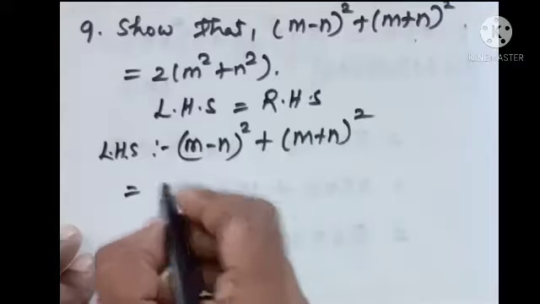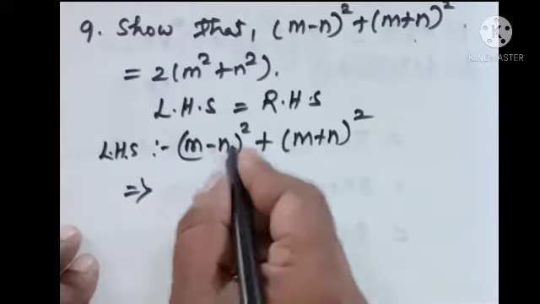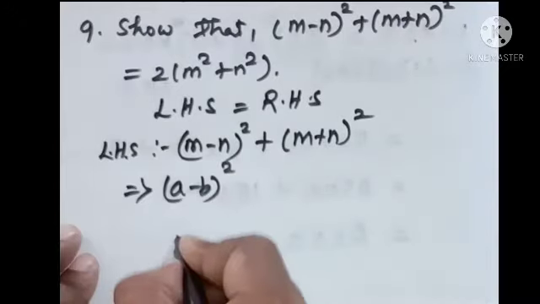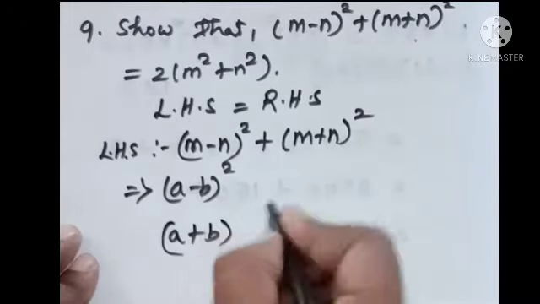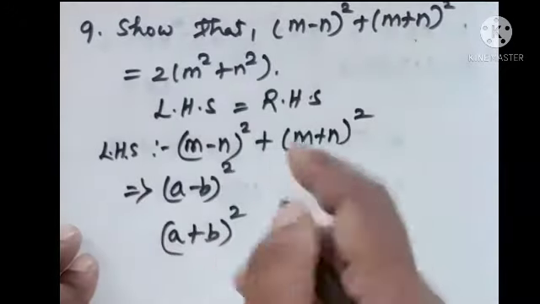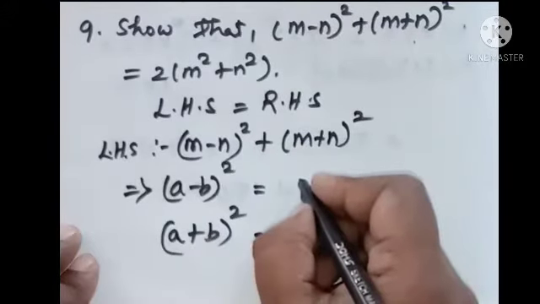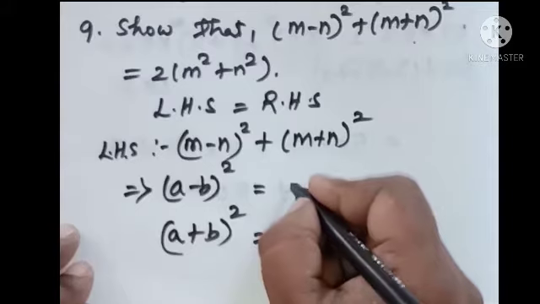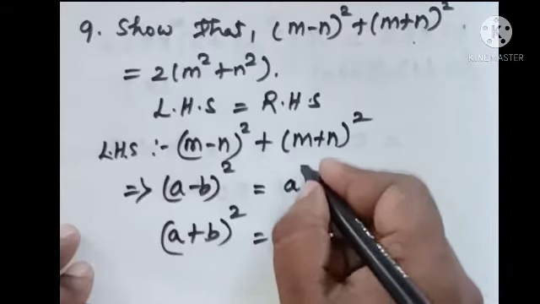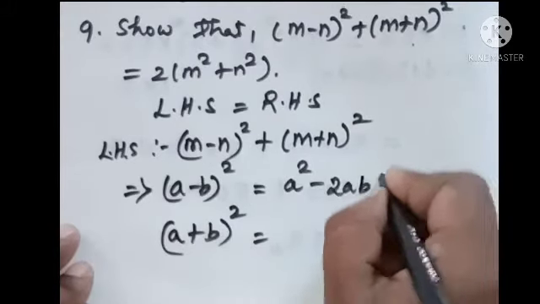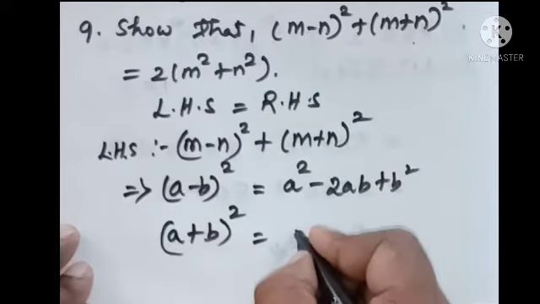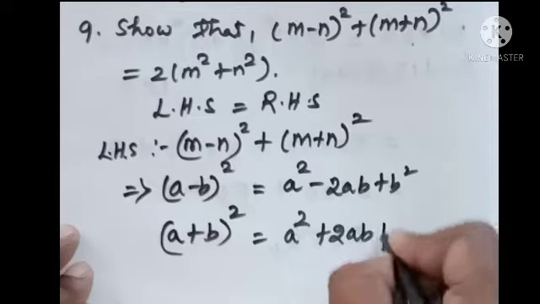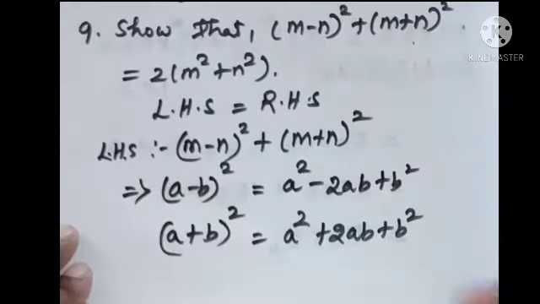It is of the form (a minus b) whole square identity, and the second expression is of the form (a plus b) whole square identity. What is the expansion of these two identities? (a minus b) whole square is equal to a square minus 2ab plus b square, and (a plus b) whole square is equal to a square plus 2ab plus b square.